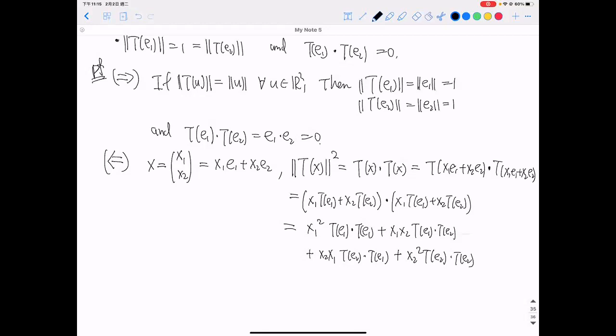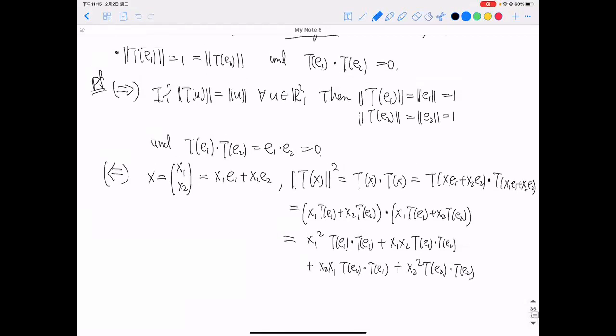Okay, and now we can process this. Our assumption is that T of e1 dot T of e2 is 0, so this term goes away. Likewise, this term goes away. And we're also assuming that the lengths of T of e1 and T of e2 are both 1. So these are 1.